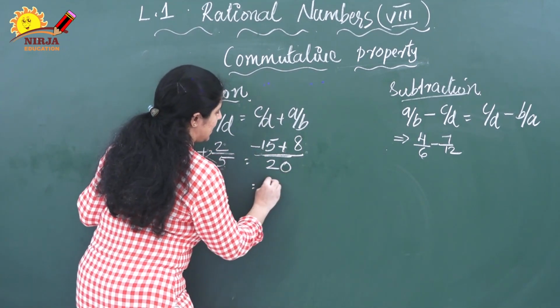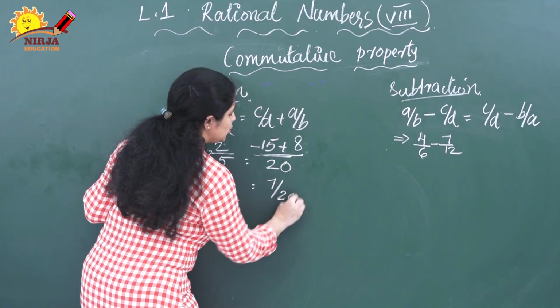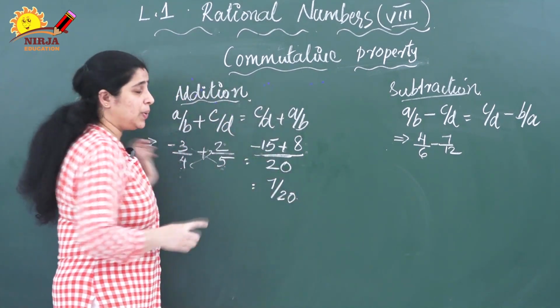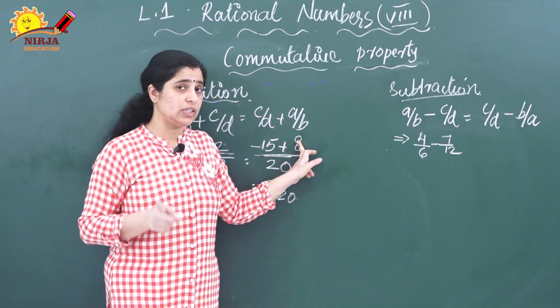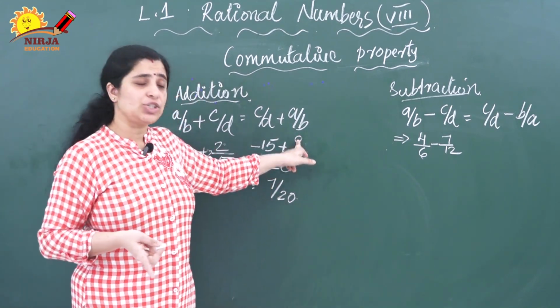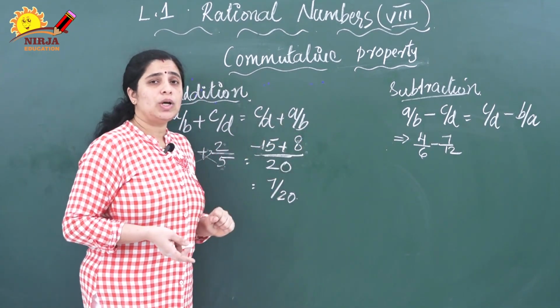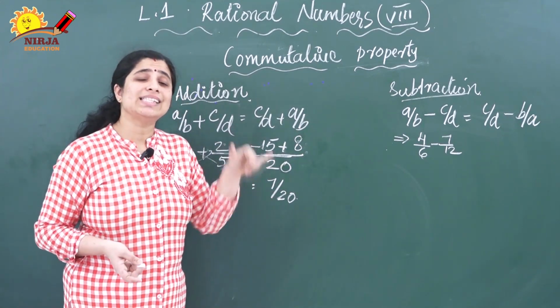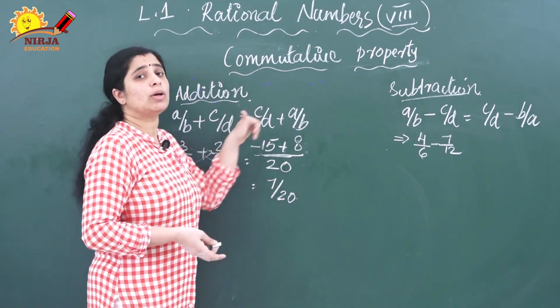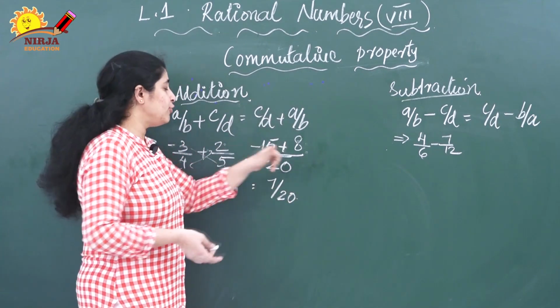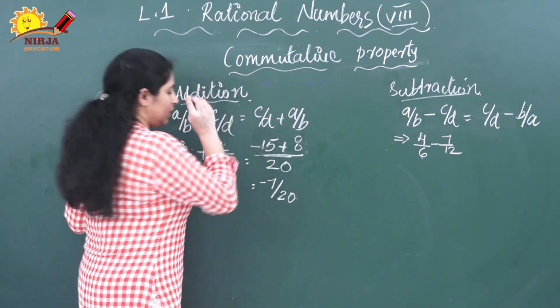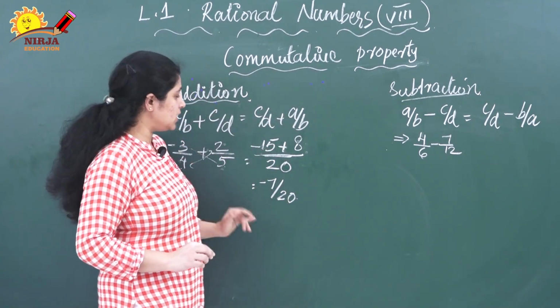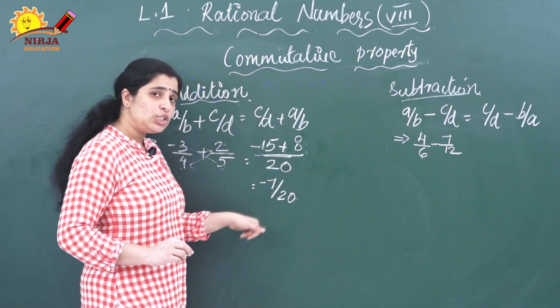You will get it as 7 by 20, because one is negative and the other number is positive, so you have to do the subtraction. 15 minus 8, what will you get? 7. Now you have to put the sign of the bigger number. The bigger number here is 15, so I am keeping negative here. So the answer is minus 7/20.